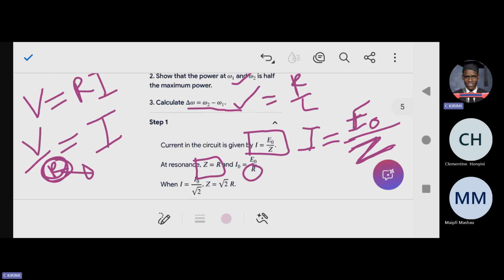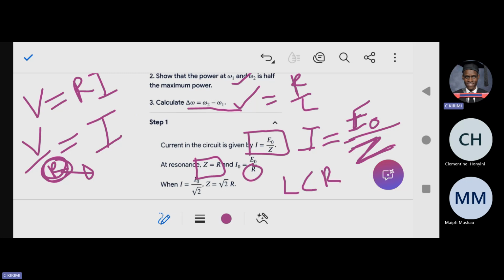The formula I showed you, where it is coming from: voltage is equal to resistance times current. But now your voltage you are given in the form of EMF, and your circuit has many components. It's not only a resistor, it's also an inductor, capacitor, and resistor circuit.